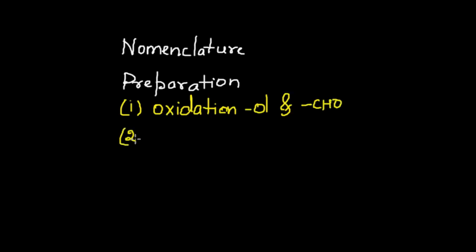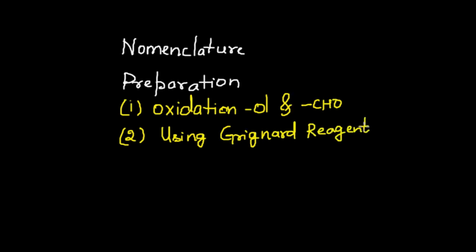Next, we went over preparation of carboxylic acids using Grignard reagents. Here in your syllabus, Grignard reagent is given. So it's basically organometallic. You could also use alkyl lithiums to generate a carboxylic acid. Third, you have used nitriles.